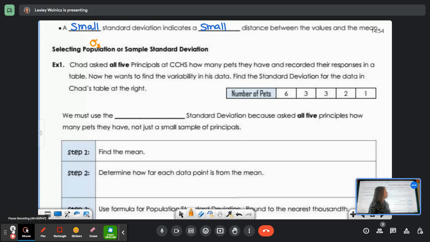Or some people think it looks like if you reflected a P and then rotated it, you'd get a sigma. The sample one is easier to remember. It is an S with a sub X. So you can see the S is for sample. The little sigma with a toupee is for population, and the S is for sample.